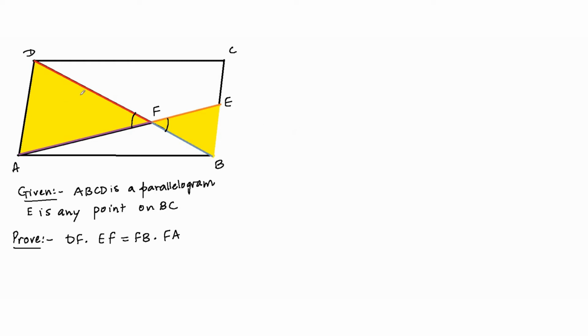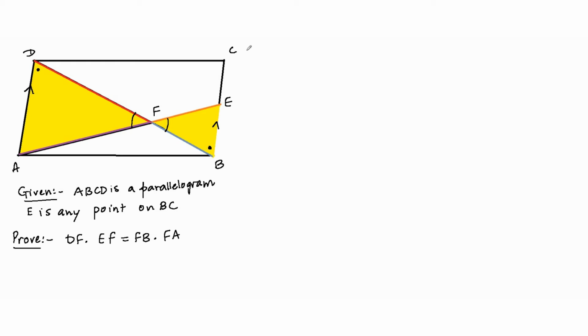And secondly, because ABCD is a parallelogram, I know that the side AD is parallel to side BE. And because these two lines are parallel, BD can be considered as a transversal, which means this angle is going to be equal to this angle, alternate interior angles. And therefore, by AA test, I can prove that these two triangles are similar.